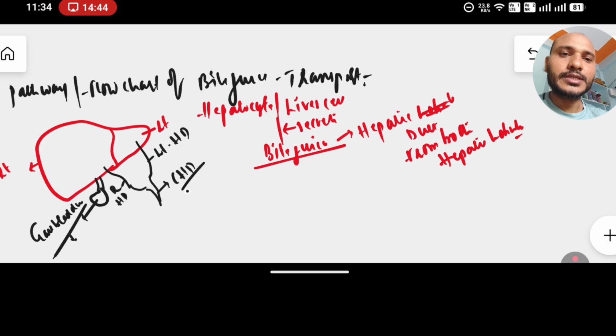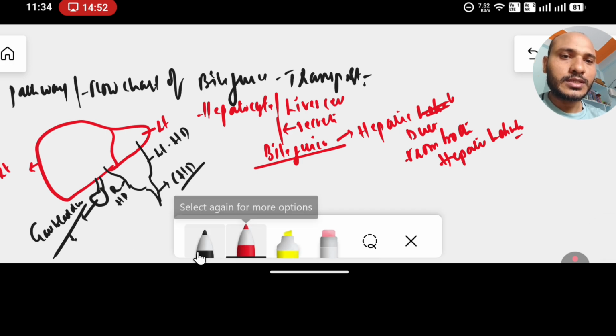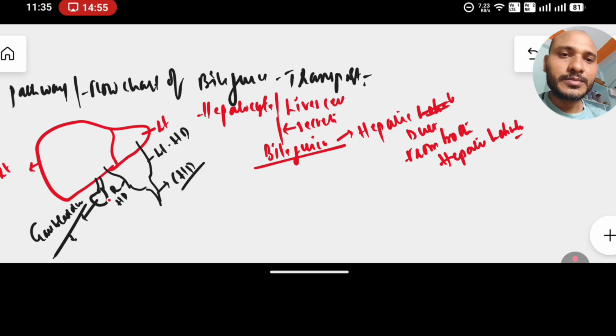It then combines with the gallbladder duct. From the gallbladder, one duct arises, and this is called the cystic duct. So the cystic duct from the gallbladder and the common hepatic duct from both hepatic lobes together form a single duct called the bile duct.